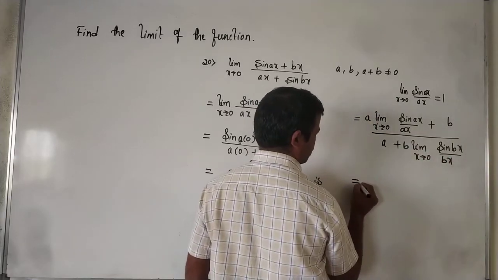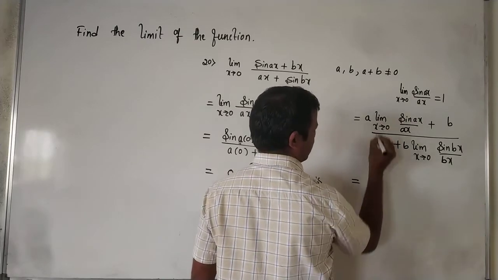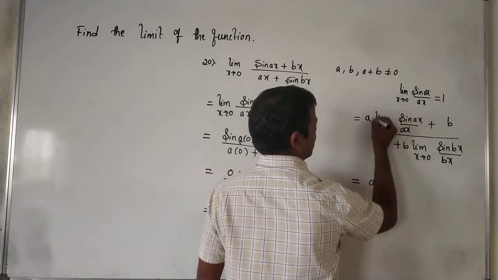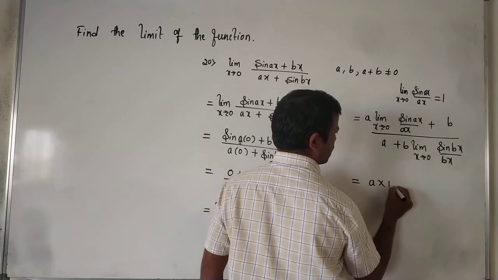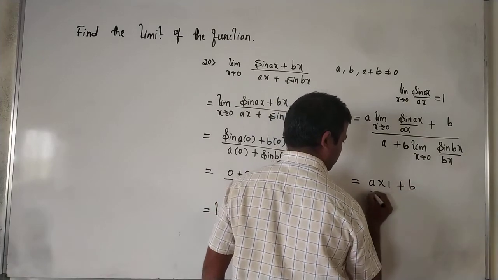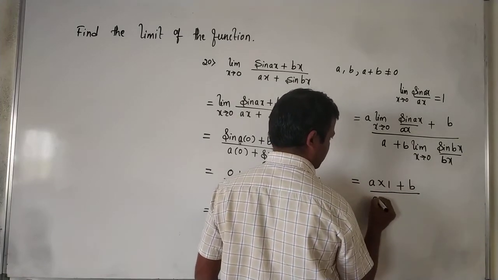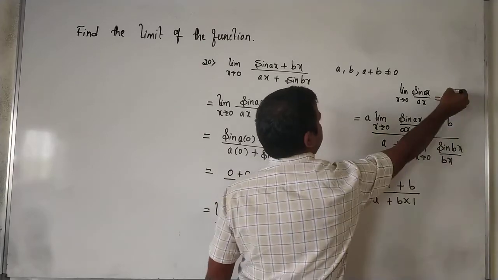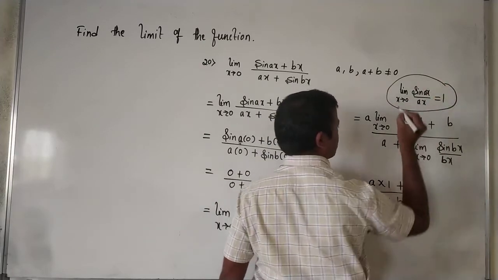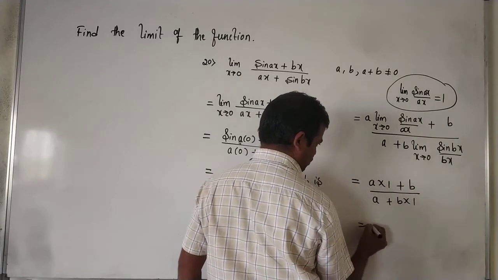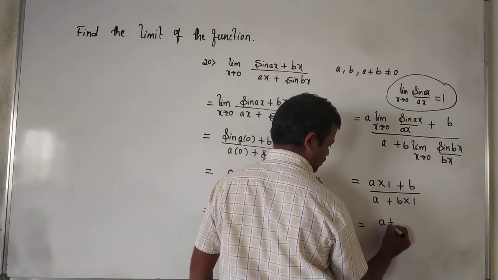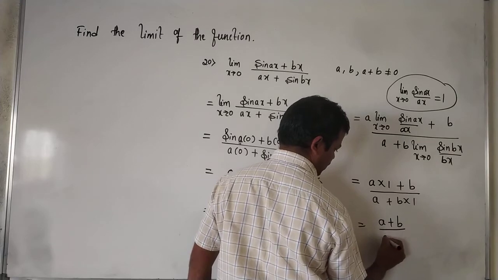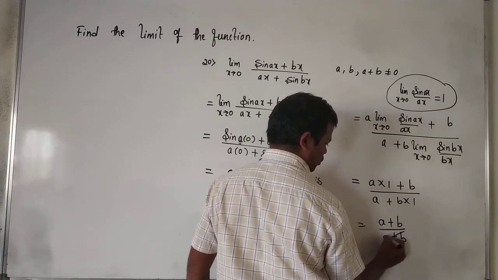So finally we got a into the limit, which is 1 by this formula, divided by a plus b into 1. By this formula we can write a into 1 plus b divided by a plus b. So both get cancelled.